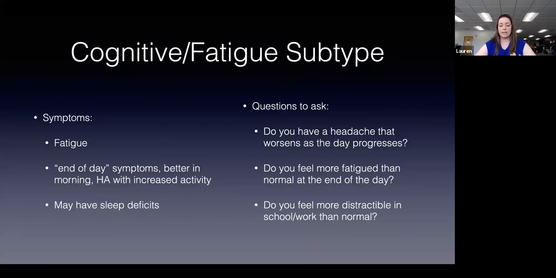Computerized neurocognitive tests would show global mild deficits across all of the composites, and deficits are more with the retrieval component of information as opposed to the encoding component. All the questions to ask during the subjective history would revolve around increased symptoms with increased cognitive or physical demands.